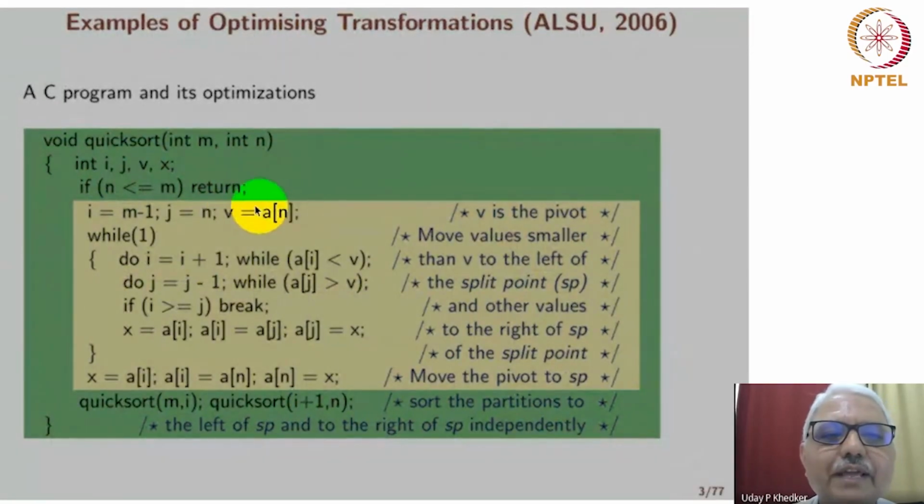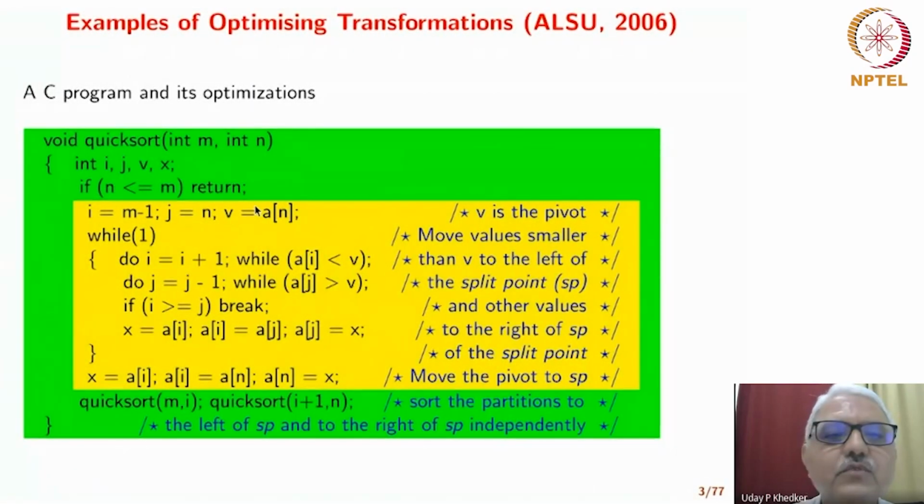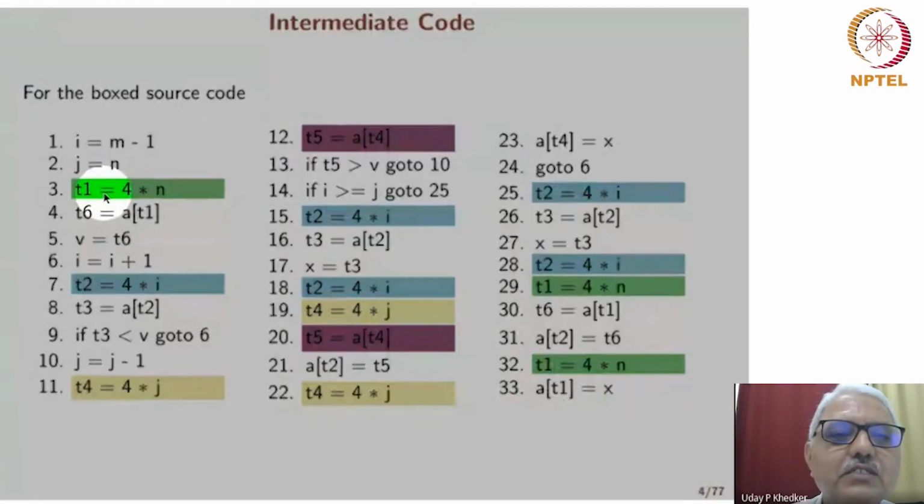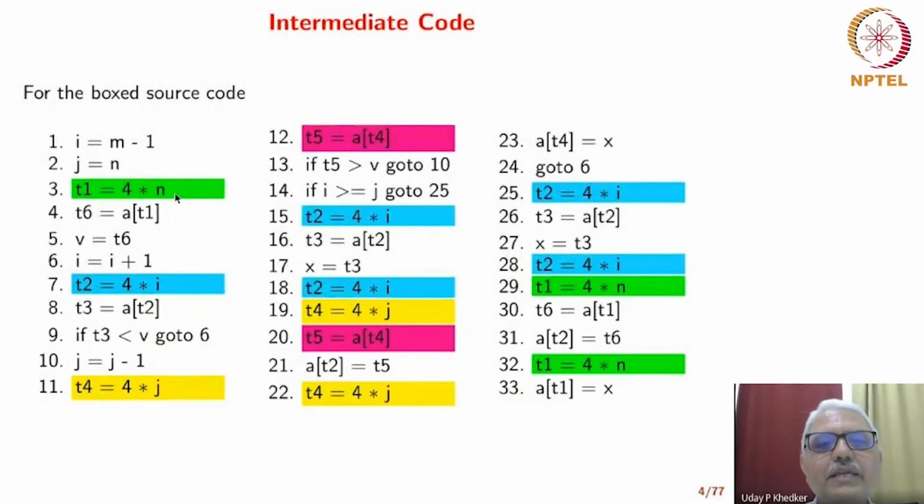And then we have this assignment, v is equal to a of n, which gets translated into a sequence of assignments here. We first identify the address of the nth element by multiplying n by 4, because this is an integer array. Then we access that location, store it in a temporary variable, and we store that into v. So the idea behind 3-address code is to divide larger expressions into smaller computations, so that there is at most one operator in any statement.